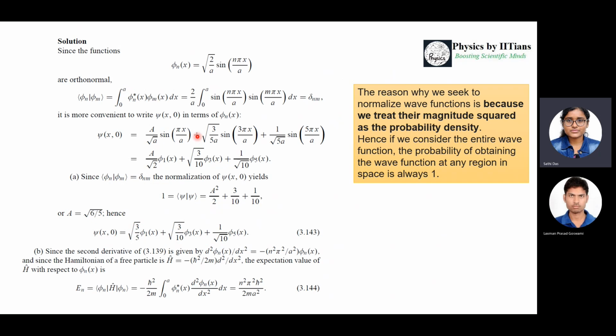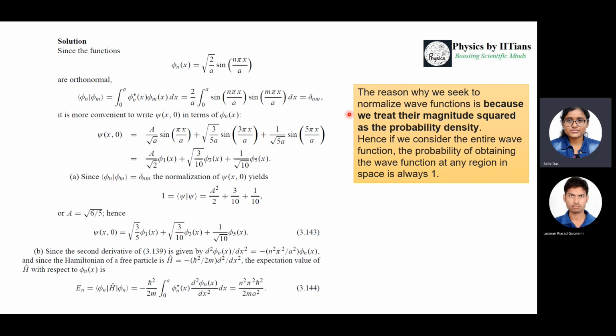First of all, let's focus on how to find the normalization constant A. The eigenfunction is phi_n(x) equals root(2 by a) sine(n pi x by a), and we can do it by the orthonormalization condition. I will also tell you the meaning of normalization, that is, why we need to normalize a function. This is because we treat the magnitude square as a probability.